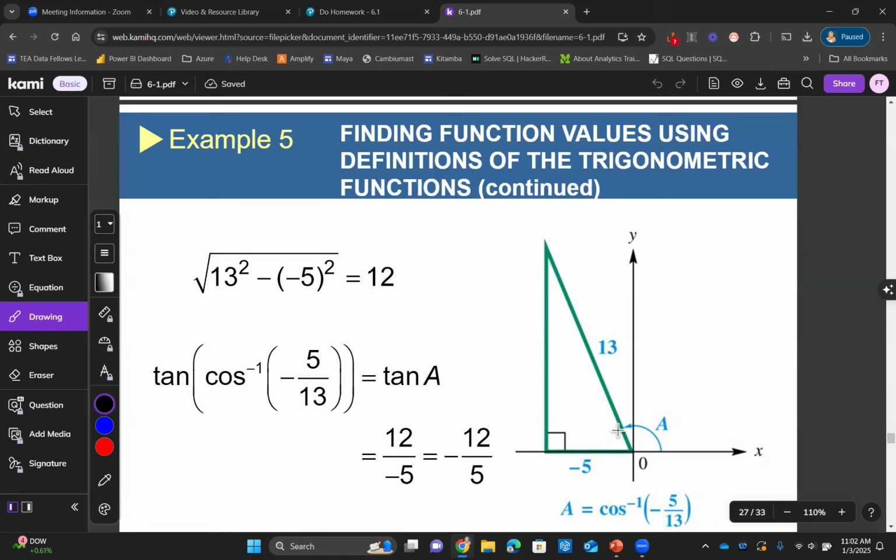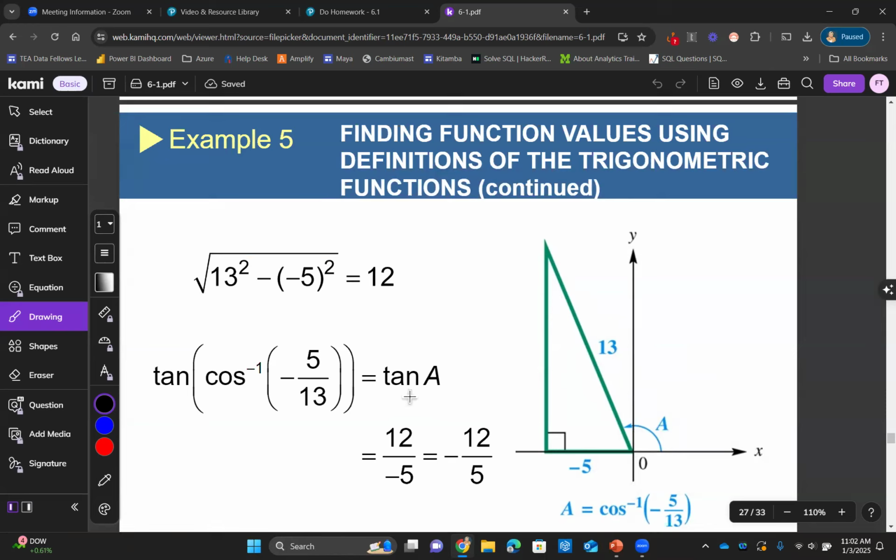Or the reference angle for angle A is this acute angle here, so you can draw the triangle like this. Adjacent side is 5, hypotenuse is 13, and using the Pythagorean theorem, you will know that this missing side is equal to 12.